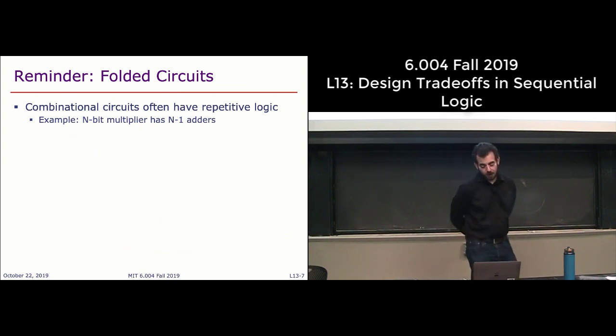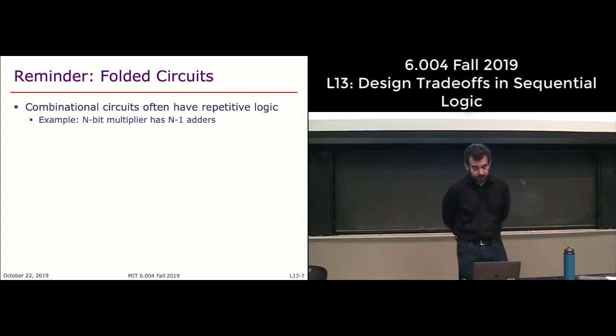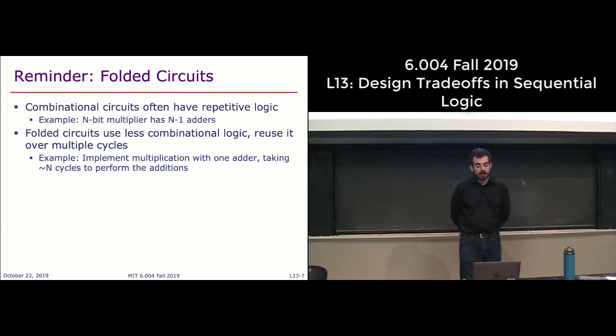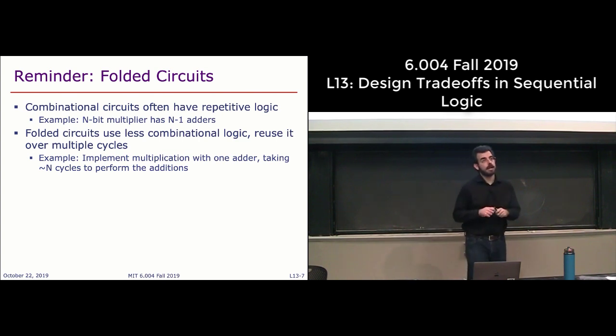All right, so the other style of circuit that we saw was folded circuits. Combinational circuits often have repetitive logic, as we've seen with the multiplier. An n-bit multiplier has n minus 1 adders. And so the idea here is that instead of having all those adders, we can use less combinational logic, for example, a single adder, and then reuse it over multiple cycles.